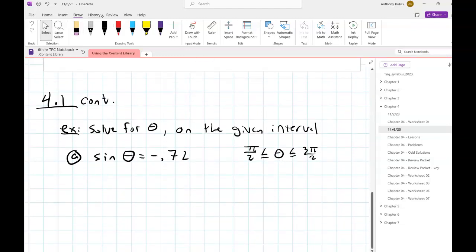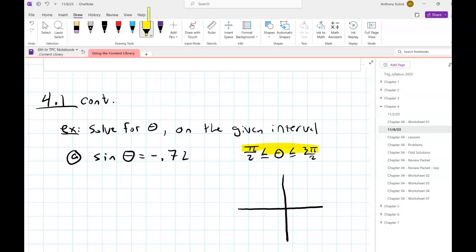So what I'm going to do is start by identifying what quadrant that angle theta, the terminal side of that angle theta, has to lie in. To do that, I'm going to first figure out from my interval what 2 quadrants my answer needs to be in.